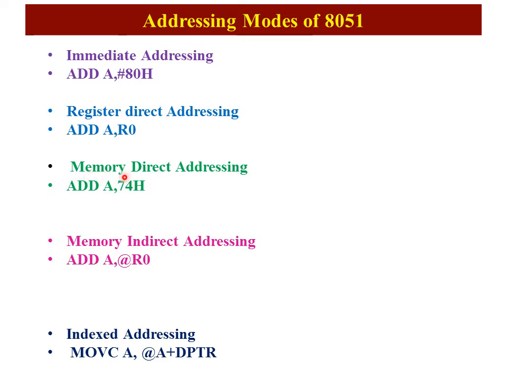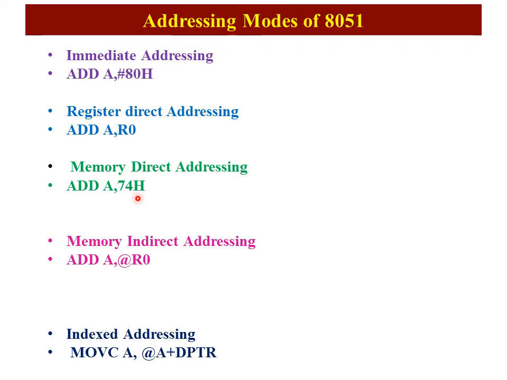Next, memory direct addressing. In memory direct addressing, directly in the instruction some value is specified. Now in this example they have given ADD A, 74H. Here 74H will be treated directly as a memory address.